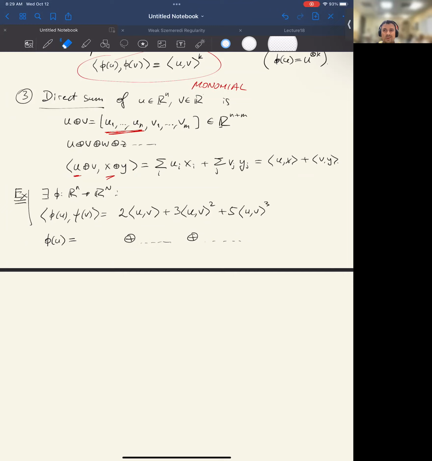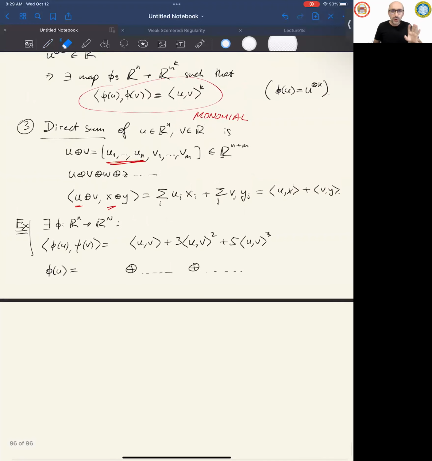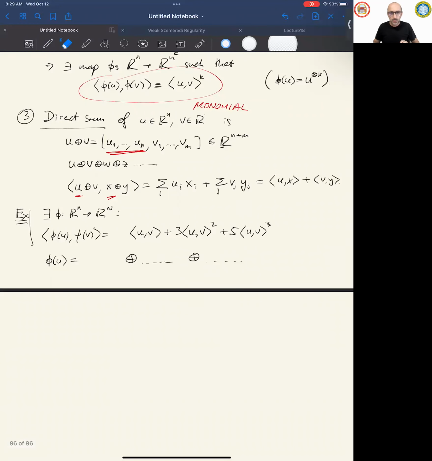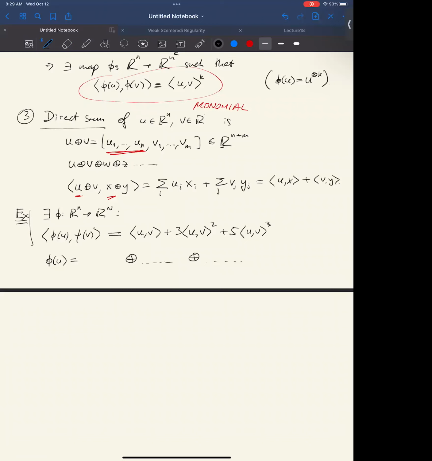Just 2 as a one-dimensional vector? Let's say no 2 for now. Just uv. So then what do we put there as the first component? Just u. Yeah, exactly. Just u, because then phi of v would be v plus something, something, and as you take the inner product, you'll immediately get uv, right? Yeah, so you'll put u.